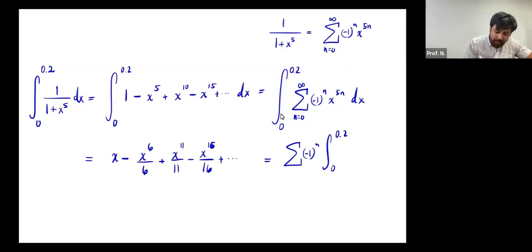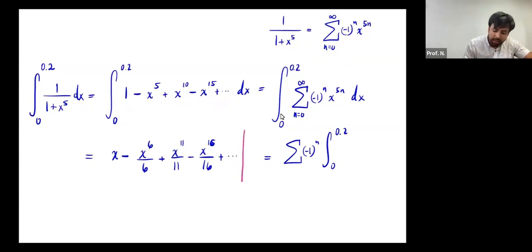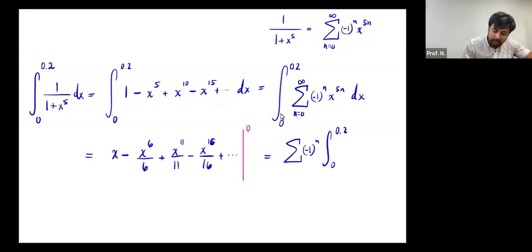I'm assuming that I am finding the antiderivative of every term in this infinite sum, and then I'm evaluating it using the fundamental theorem of calculus at the upper bound of 0.2 and the lower bound of 0. Okay, now this is equivalent to integrating the series as so.